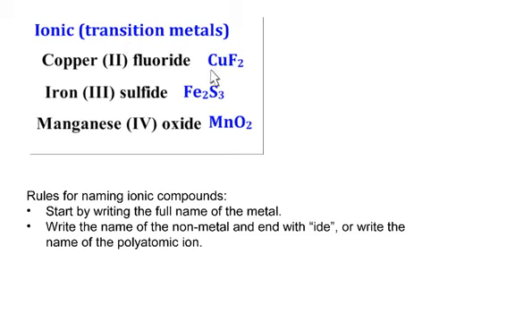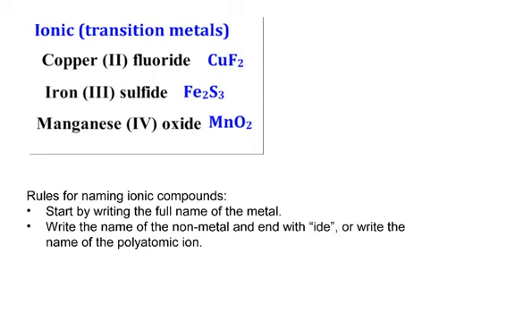For example, copper can have a +1 or a +2 charge, depending on what compound it's in. Iron can have a +2 or a +3 charge. Manganese can be +2, +4, +5, or +7. So we don't know what the charge of the metal is, and so when we write the name, we need to indicate what the charge is.